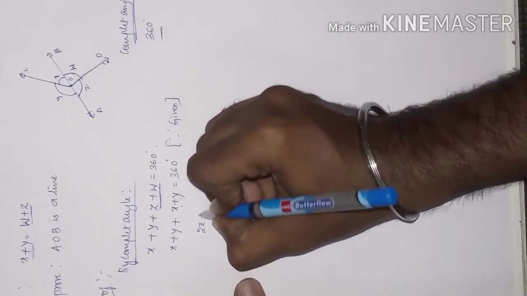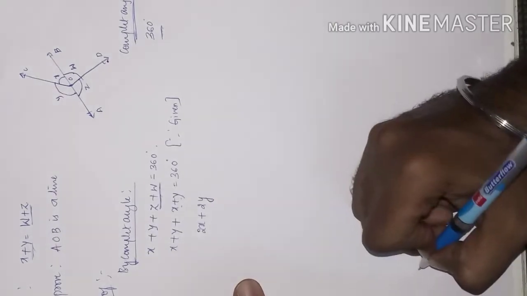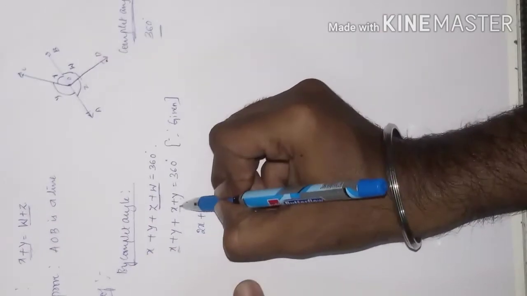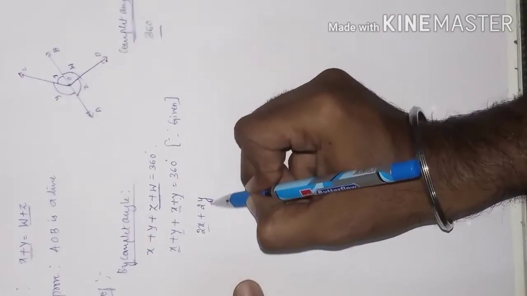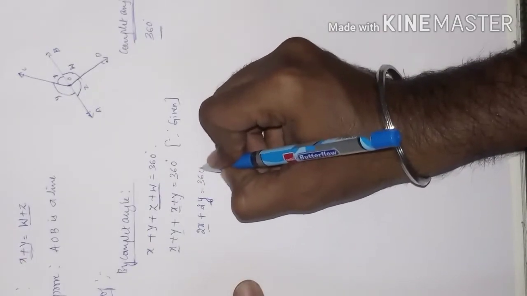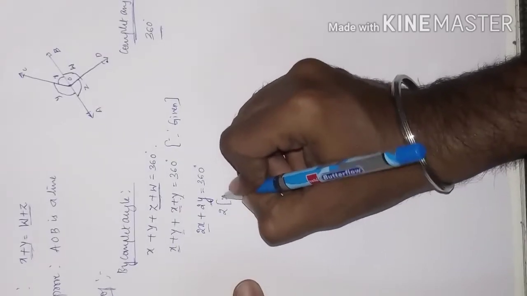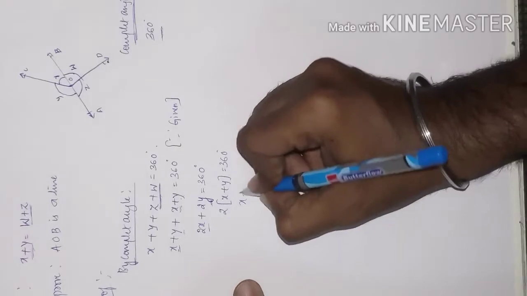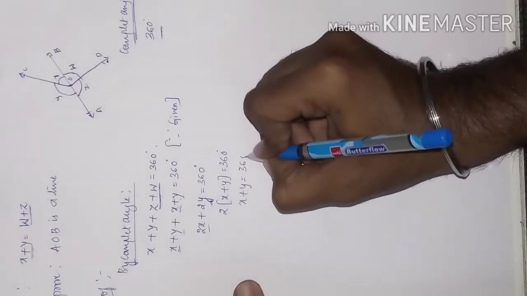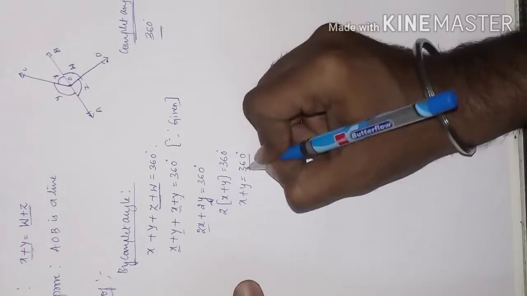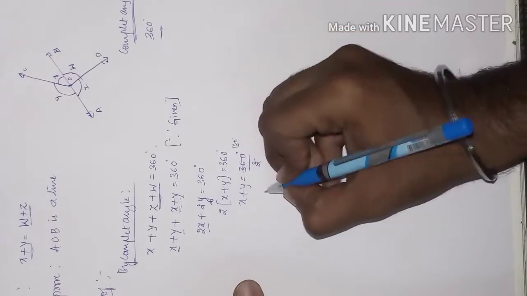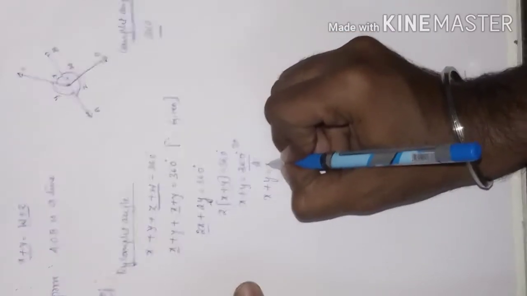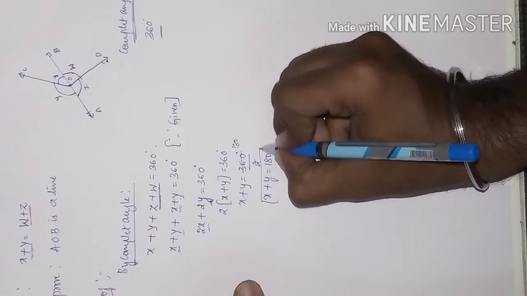So x plus x is 2x, y plus y is 2y, which is equal to 360 degrees. Taking 2 common, 2 times x plus y is equal to 360 degrees. So x plus y is equal to 360 degrees divided by 2. Two ones are 2, two 180s are 360. So x plus y is equal to 180 degrees.